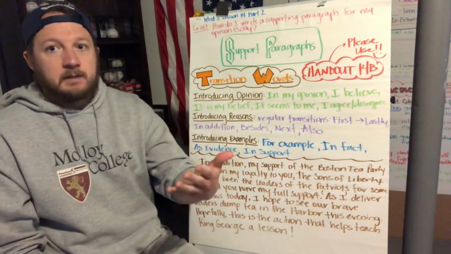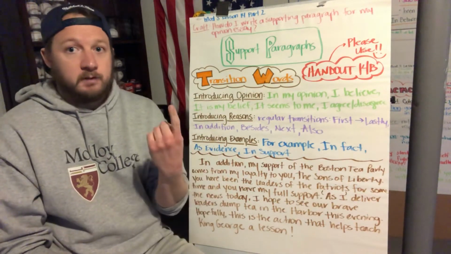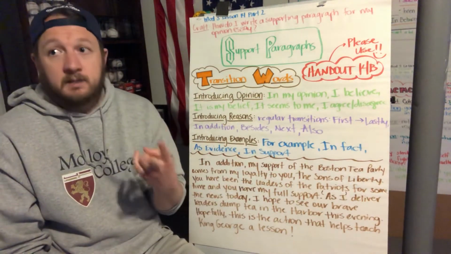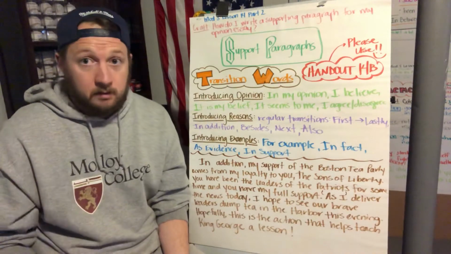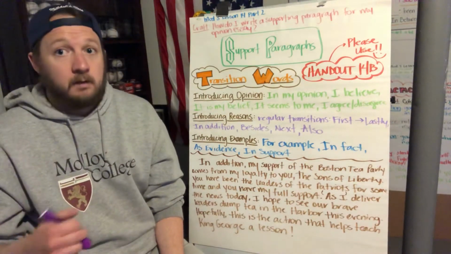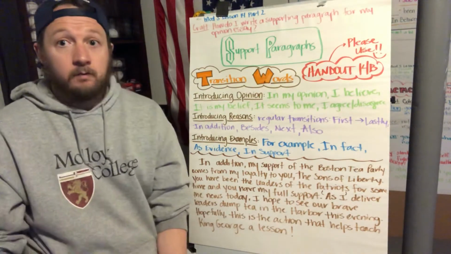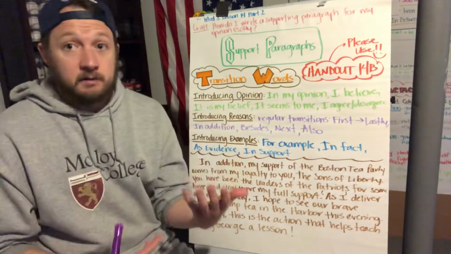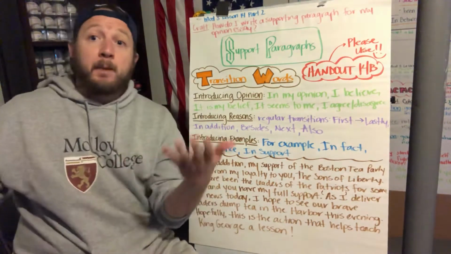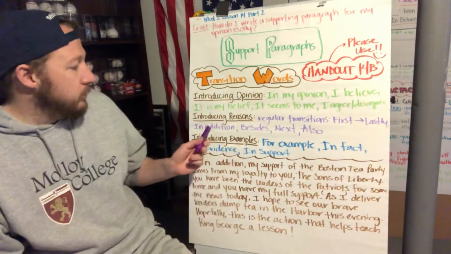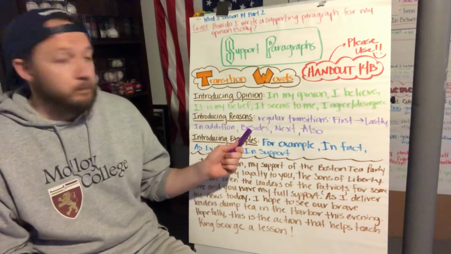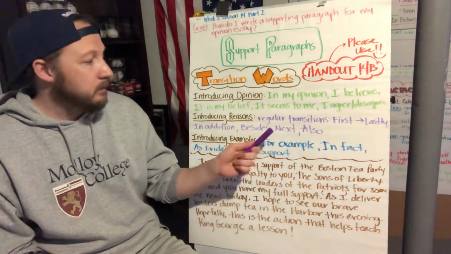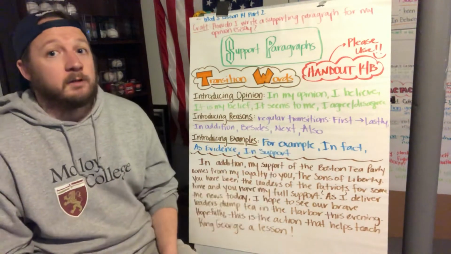But for this writing, you did your first support paragraph already, so you're not going to use first, but you could use secondly, or second, or my second reason for supporting the Boston Tea Party, or my second reason for being against the Boston Tea Party would be, and so on. You can also use in addition, besides, not beside, besides, next, and also.